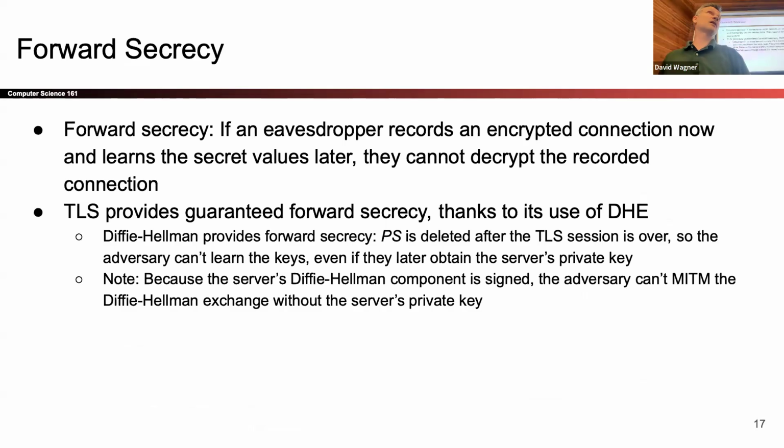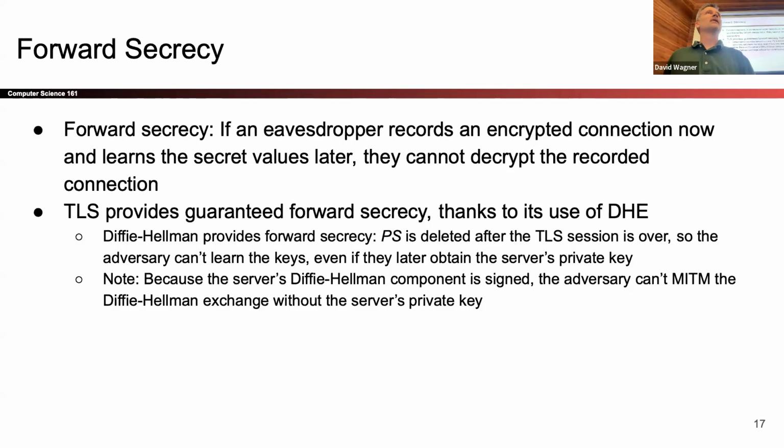A kind of handy thing about TLS, it provides forward secrecy. So if today some eavesdropper records the encrypted communication, they can't decrypt it because they can't break Diffie-Hellman, can't break AES, but just record the ciphertext.